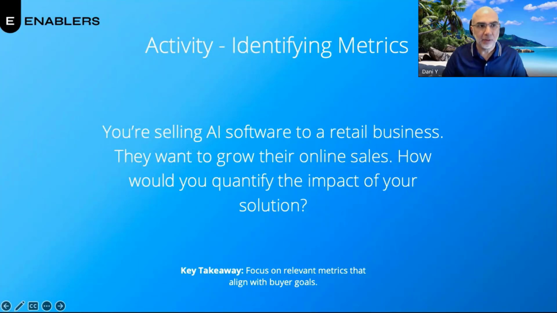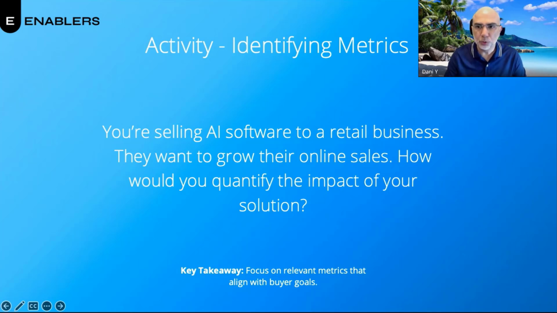Now, I'd like for you to consider this scenario around identifying metrics. Let's say that you're selling AI software to a retail business, and they want to grow their online sales. So this could be a grocery store looking to expand online, or it could be an electronics store looking to expand online, or it could be a clothing store looking to expand their existing online operations.